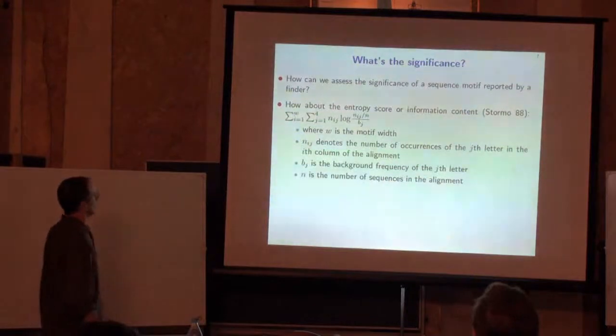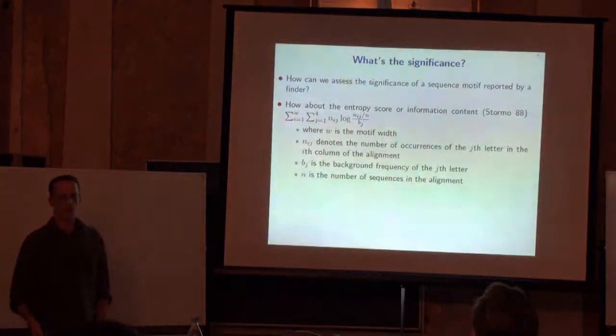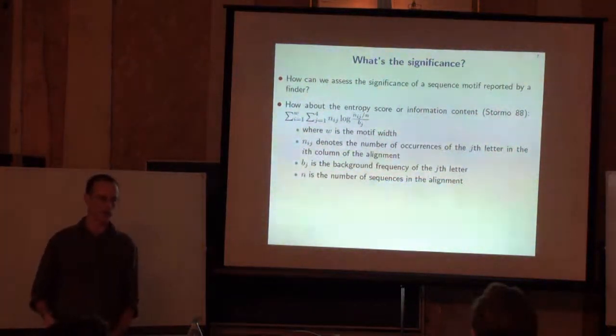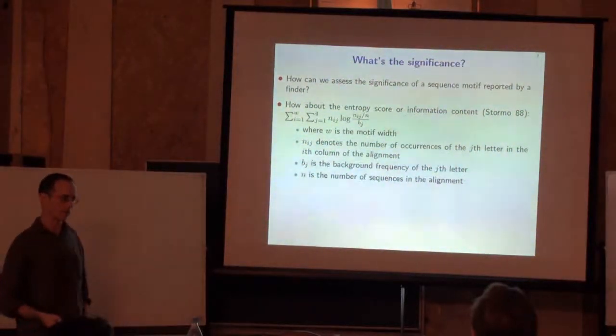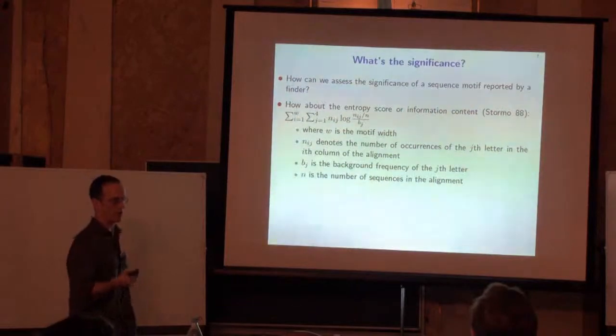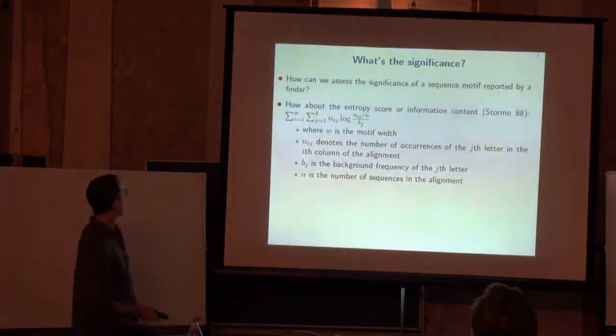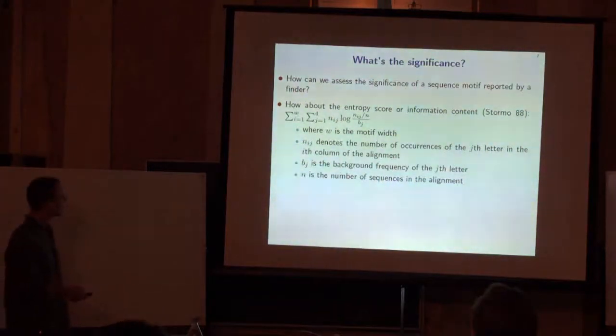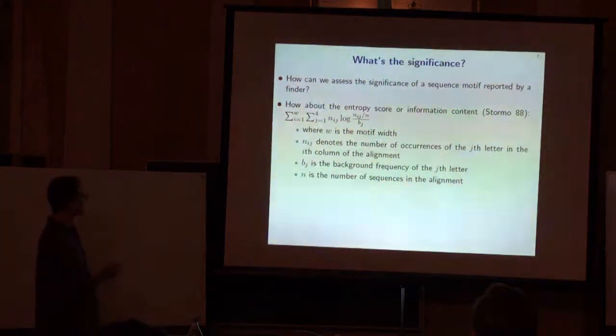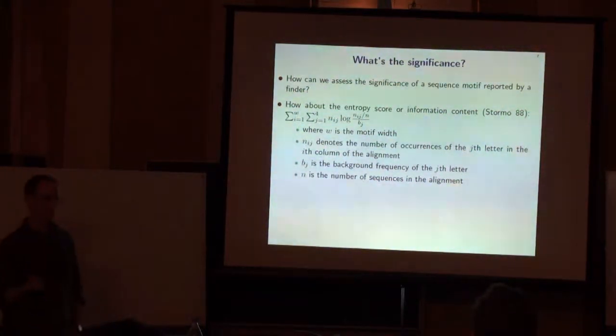So you might have heard about the entropy score or the information content. That goes back to Gary Stormo, who made a fundamental contribution to this area. This is the expression. I'm detailing all you need to know. If you've seen it before, you've seen it.